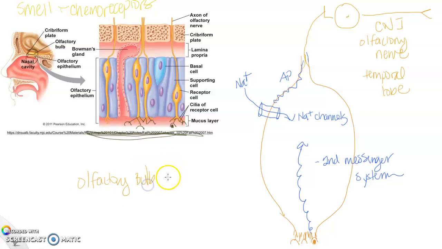And then from there it goes down the nerve, cranial nerve 1, which if you remember when we looked at that, cranial nerve 1 and 2 don't really exit the brain, so they're really tracts, but we call them cranial nerves. Anyway, that's how smell occurs.